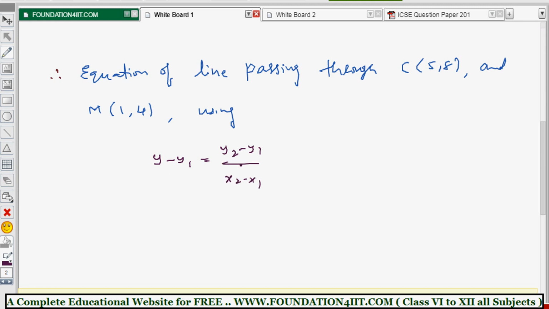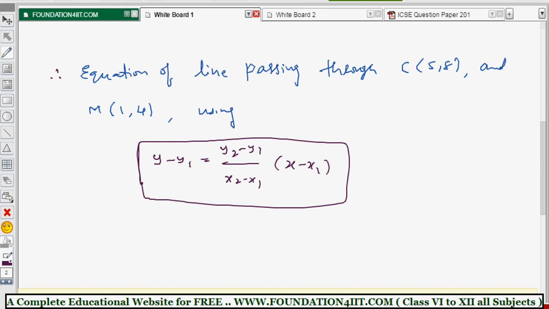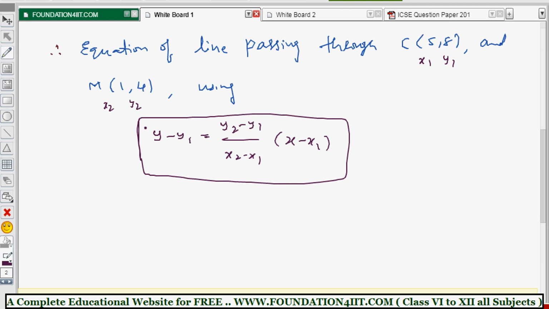Let me write the formula down. y minus y1 is equal to m into x minus x1, where y is equal to mx plus c. In the place of m, slope is not given, so y2 minus y1 by x2 minus x1 into x minus x1. So this formula you can apply to find the equation of the line. So these are M and C, one is (x1, y1) and one is (x2, y2), substitute in this formula and find.